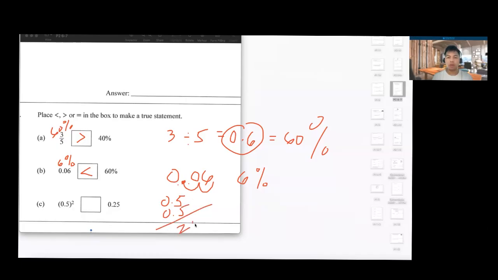So the question is where to put the decimal point. So this is how you do that. You count 2, and 2 again, so the decimal point will be here. So it's going to be 0.25. Therefore, they are just the same. So they are equal.